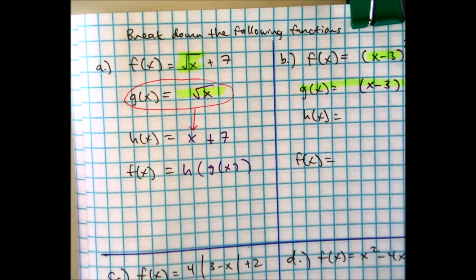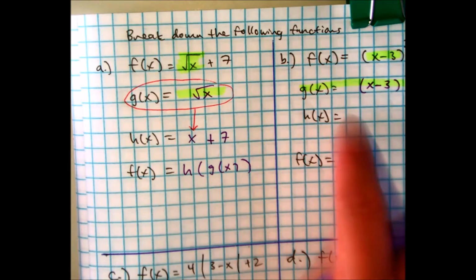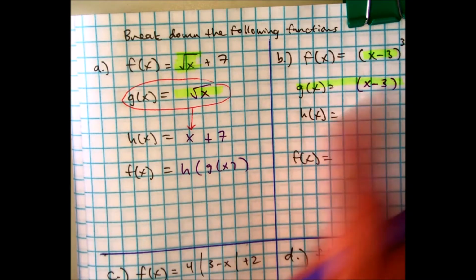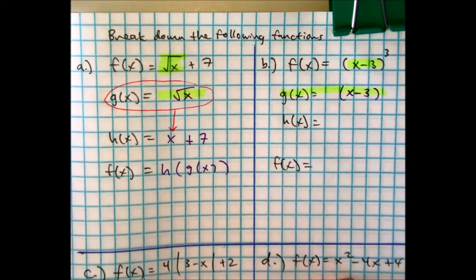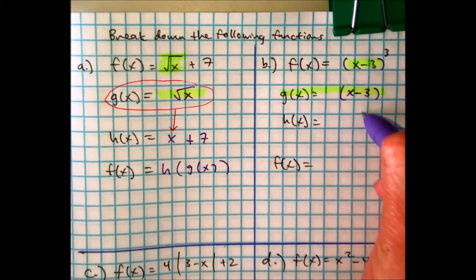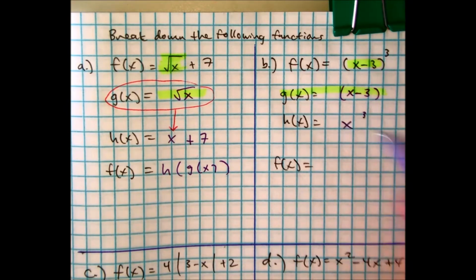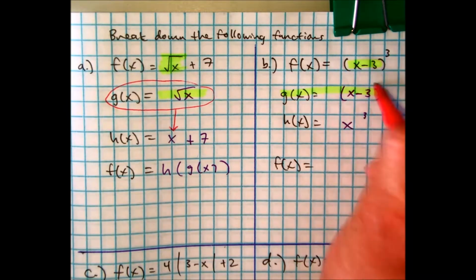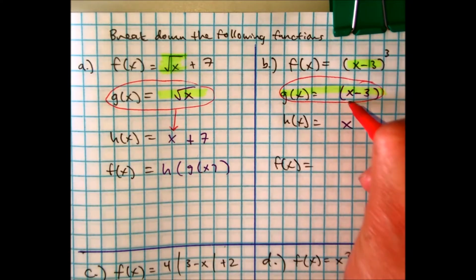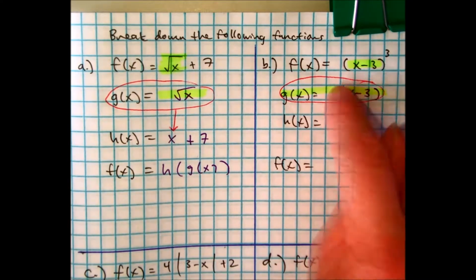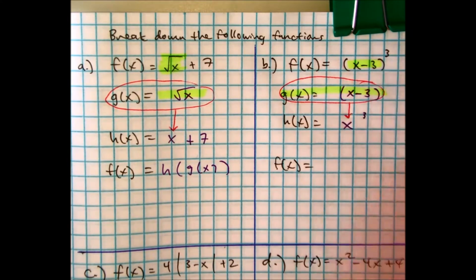For h of x, what did I not highlight? The power of 3. But, okay, remember, we need to write something in there. What do we write? X. Does that make sense? We're putting the g of x into here, and that gives us this x minus 3 cubed.